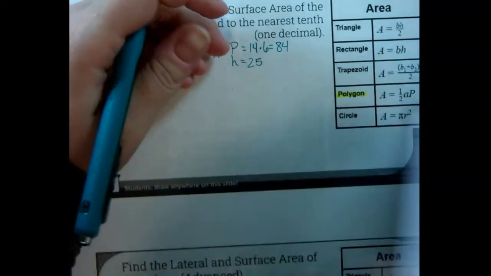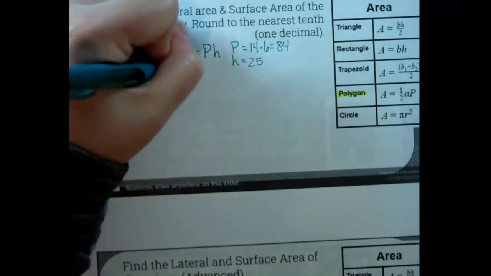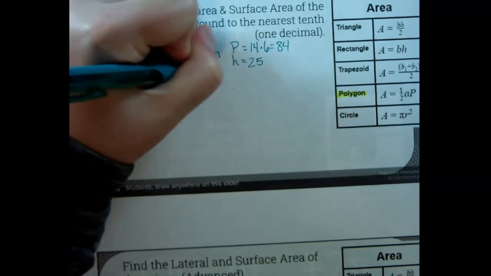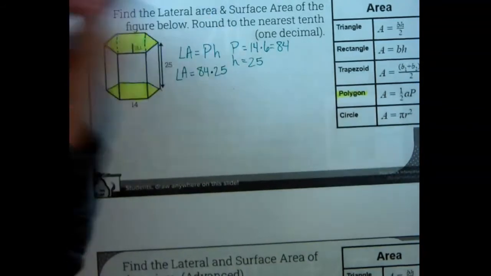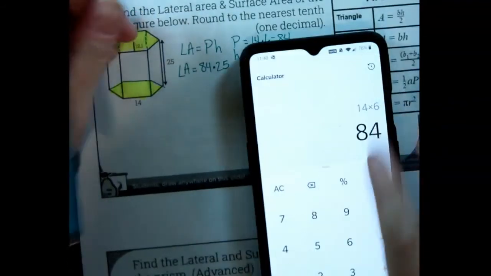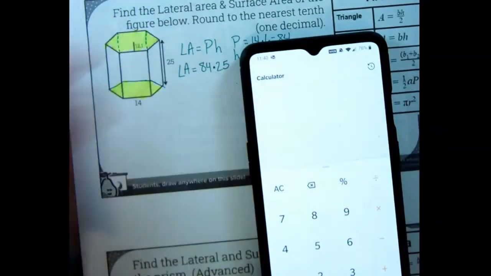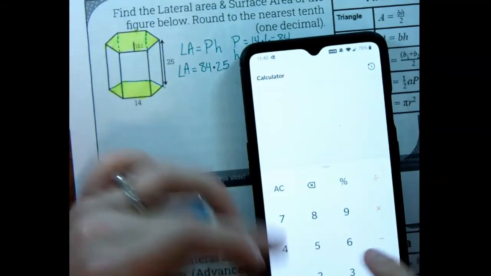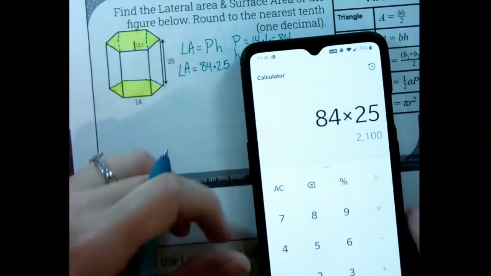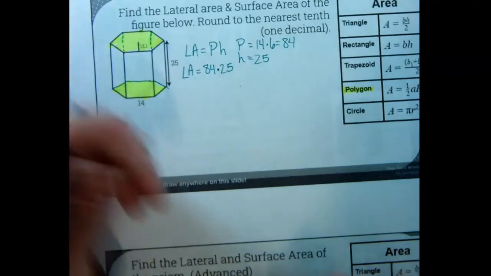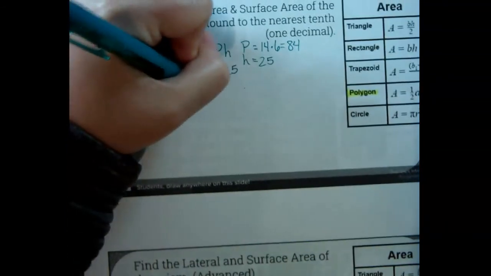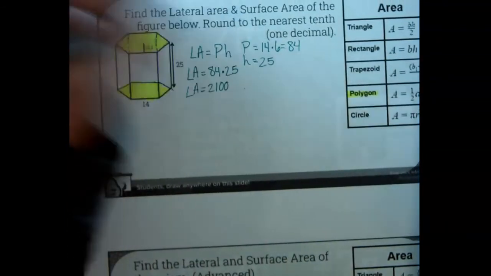And we're ready to plug our numbers in. 84 times 25. So this is a pretty big shape, but if anything that's 25 units tall, and then this is 14 units wide, it's going to be a big shape. So we've got 2100 for the lateral area.